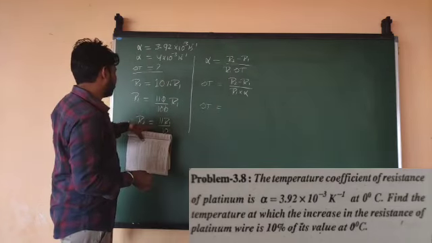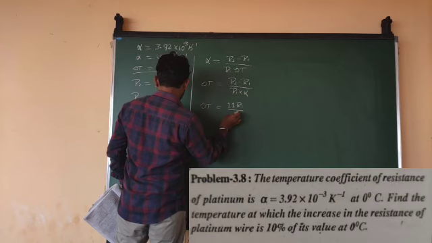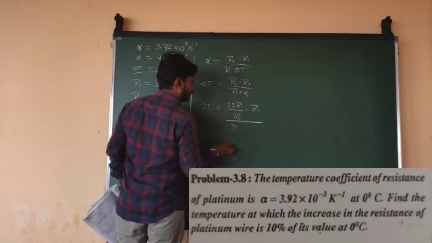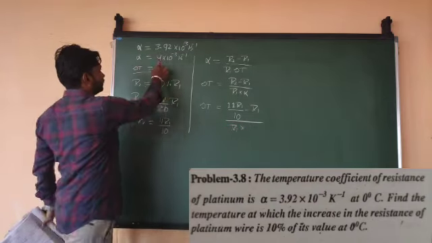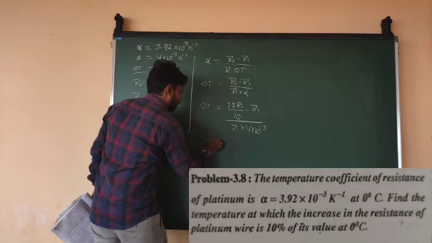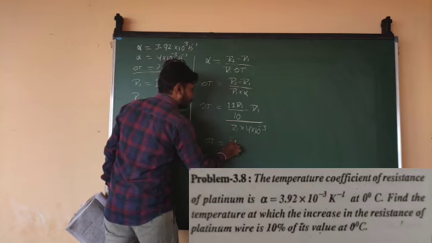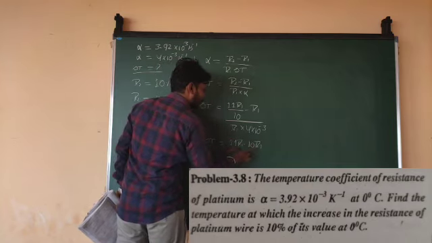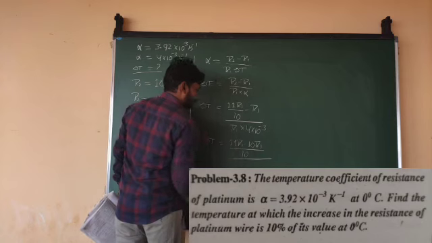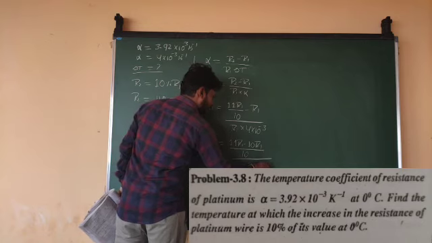R2 is 11 R1 by 10, so delta T is equal to (11 R1 by 10 minus R1) divided by R1 into 4 into 10 to the power of minus 3.